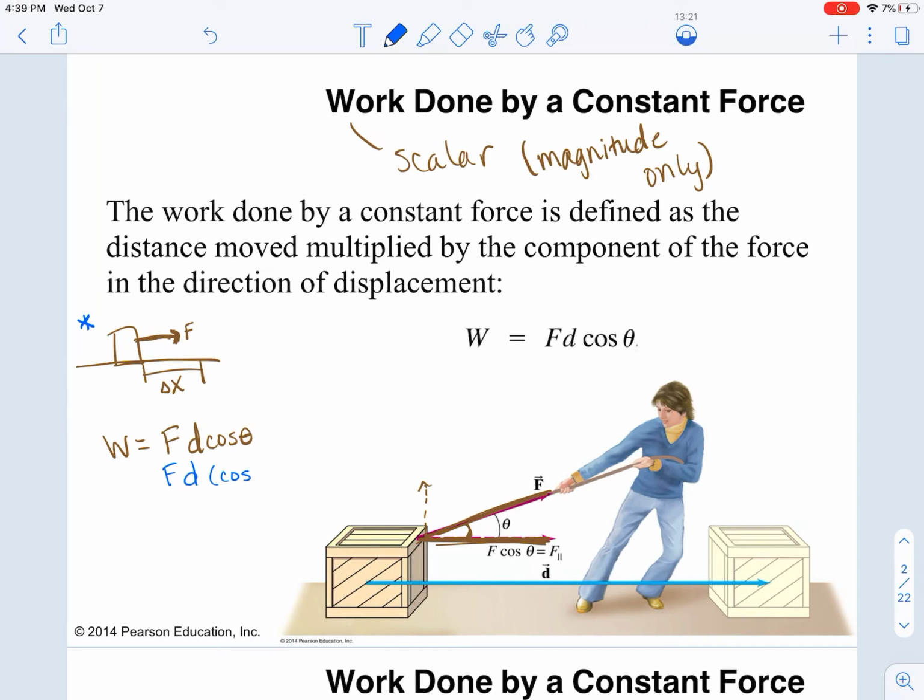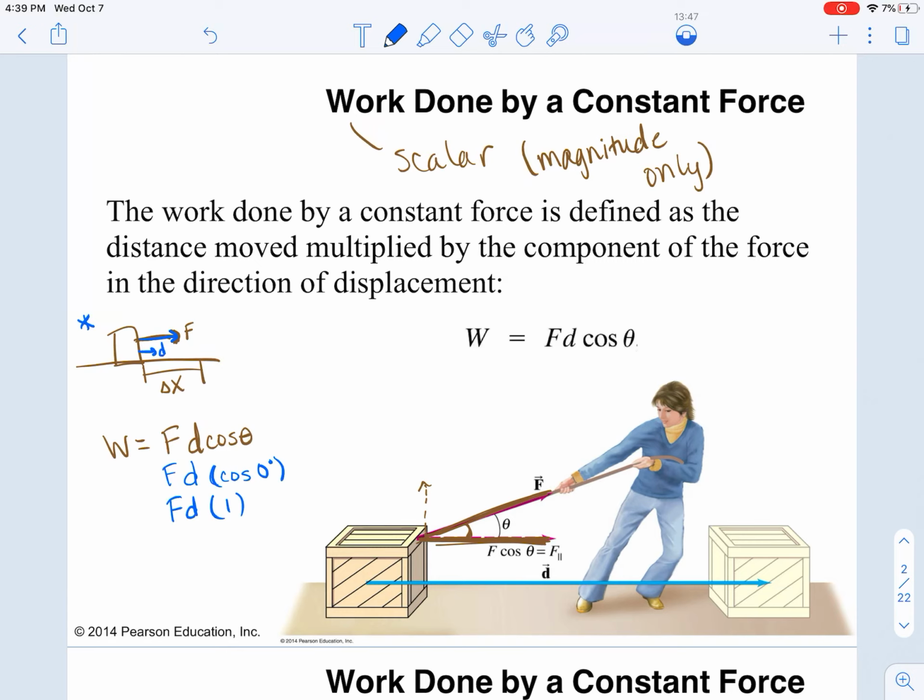Now, if the force and the displacement are parallel, if they're in the same direction, then our angle here would be 0 degrees. And the cosine of 0 is 1. So if we are multiplying times the cosine of 0, we are simply saying times 1.